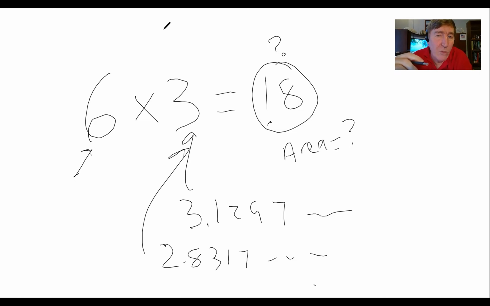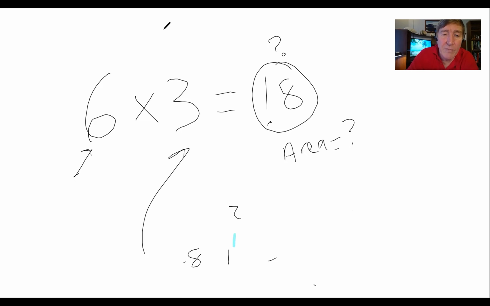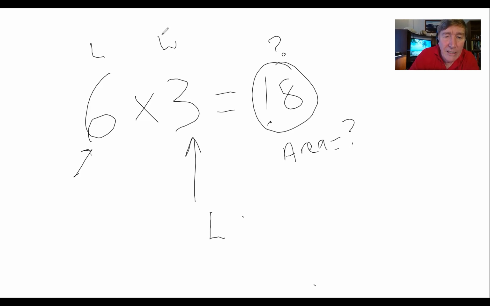Okay, so when you tell me that the answer was 3, what that really means is that, let's say this is the length and let's say this is the width. So if you report the width as being 3, what that really means is that the width is something between 2.5 and 3.5.